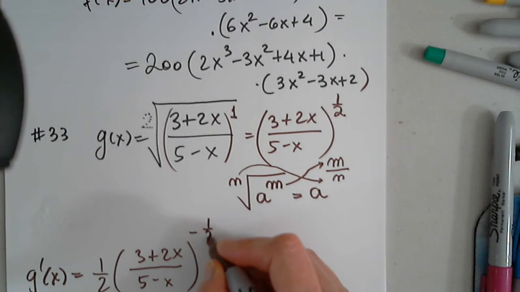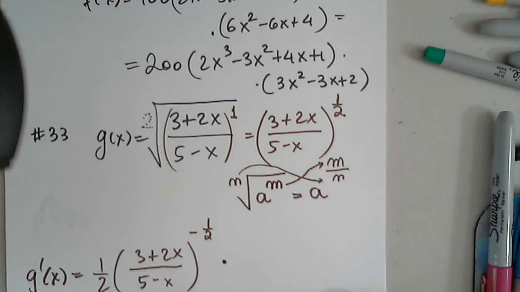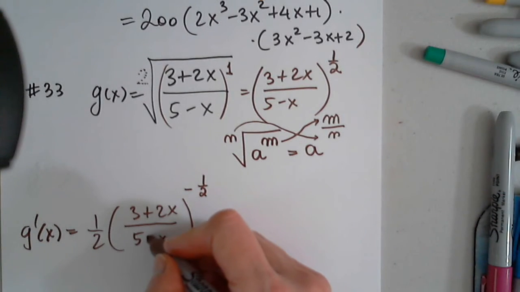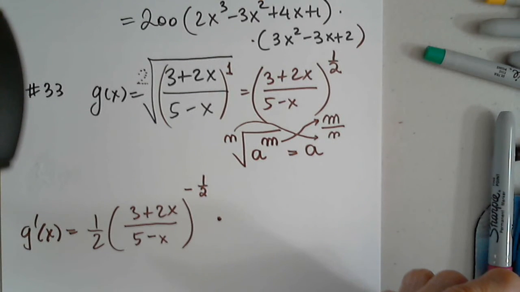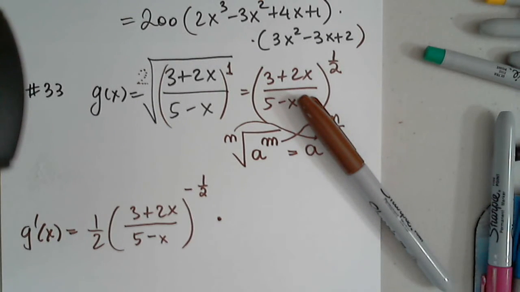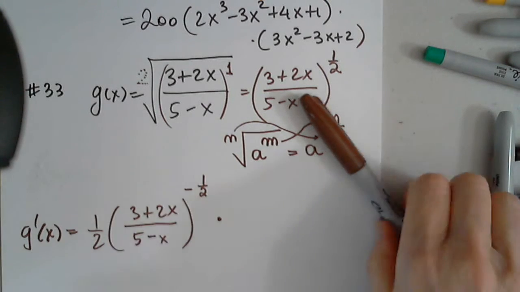Very good. Times. What do we do next? That's okay. You have not seen this before. So what do you think, anyone? We'd use the quotient rule now, right? Brilliant. Absolutely.